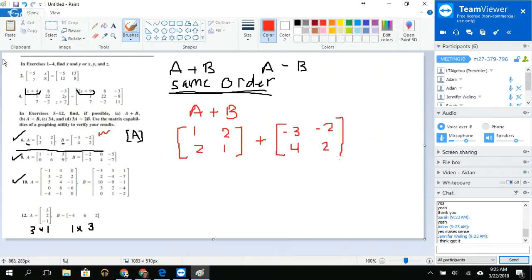So I'm just writing out what matrix A and matrix B are. And then when I add them together, I add each corresponding entry together to make a new matrix. So the first row, first column is going to be 1 plus negative 3.